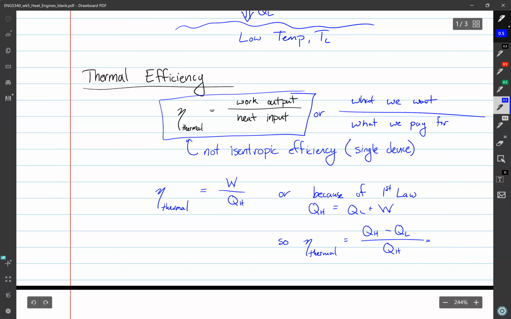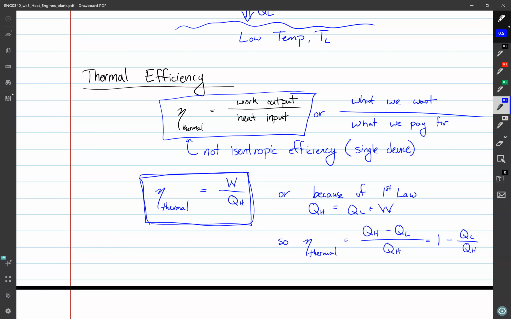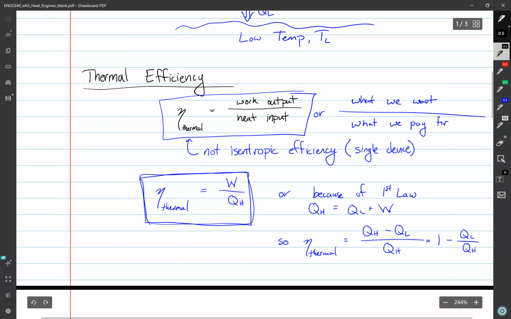Another way to write this, we could split this fraction, and this is 1 minus QL over QH. So these are just a couple different ways of writing the same thing. But really what we're looking at is this one here, and we're just using the first law to rearrange it a little bit.